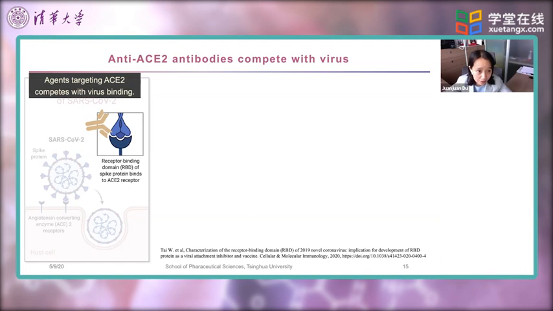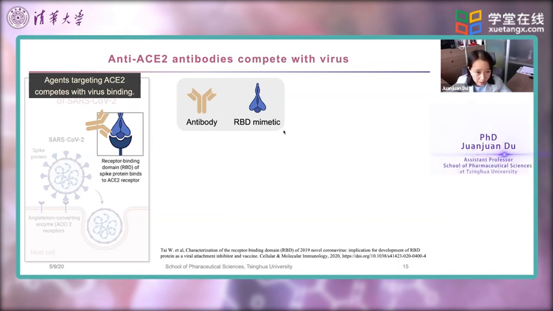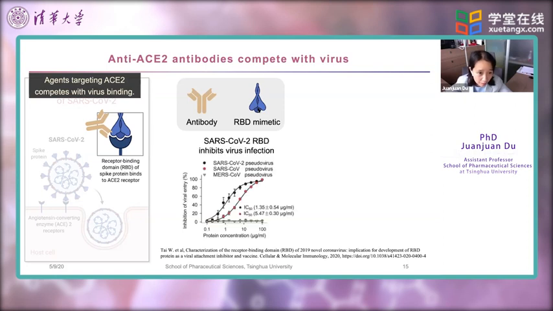These kinds of agents can be an antibody or an RBD mimetic. So actually there are publications on these. For example, this is SARS-CoV-2 RBD, which can inhibit the virus infection.